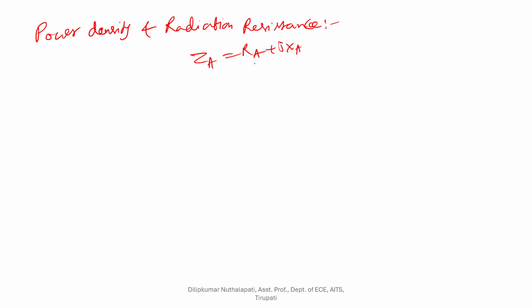That is equal to the radiation resistance as well as the loss resistance, which will be considered here. And to find the input resistance for a lossless antenna, the Poynting vector is found in terms of the electric field and magnetic field radiated by the antenna.